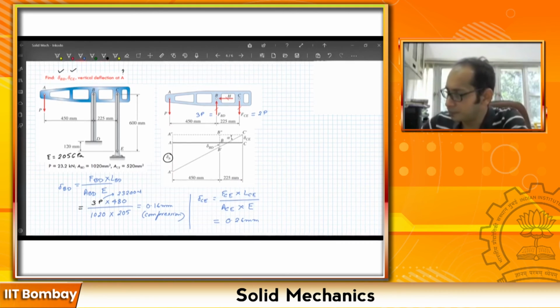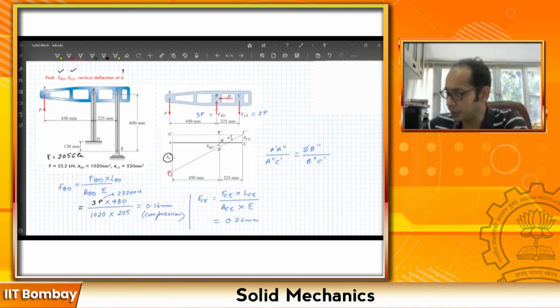If I take A prime, A double prime, that is this particular dimension, divided by this length, A double prime, C prime, this is going to be equal, since the smaller triangle is similar to the bigger triangle, to B prime, B double prime, divided by B double prime, C prime.